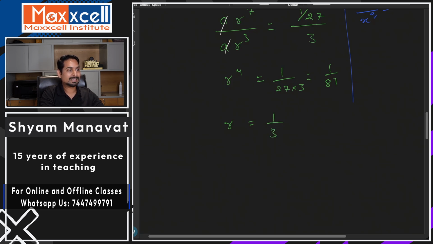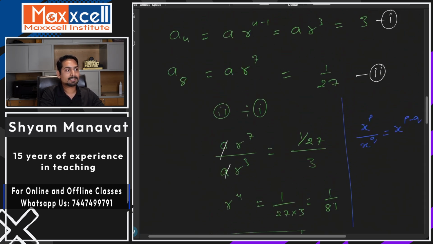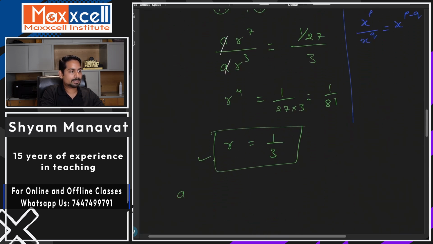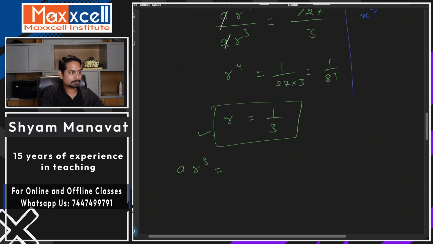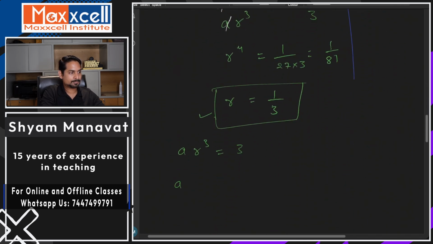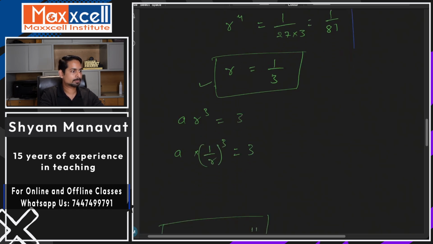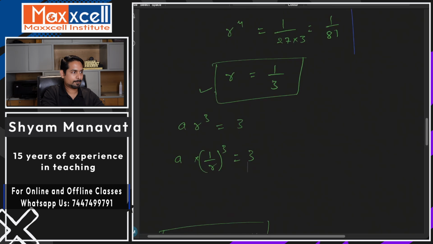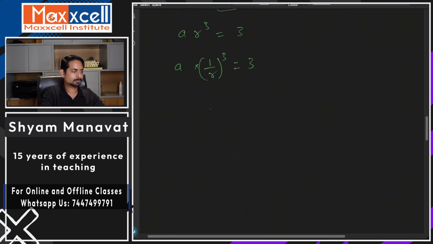Applying the common ratio in either one of the equations, let's say equation number 1, I can find the value of A. So I have AR^3 equal to 3, and here we have A and 1 upon R, sorry, not 1 upon R, it's 1 upon 3.